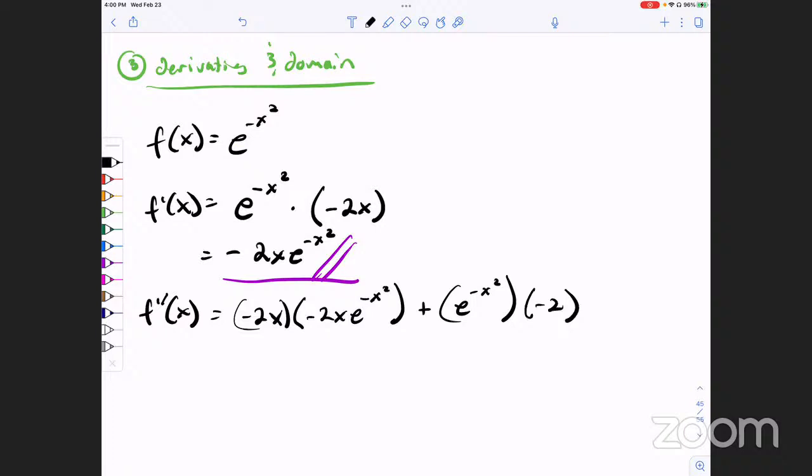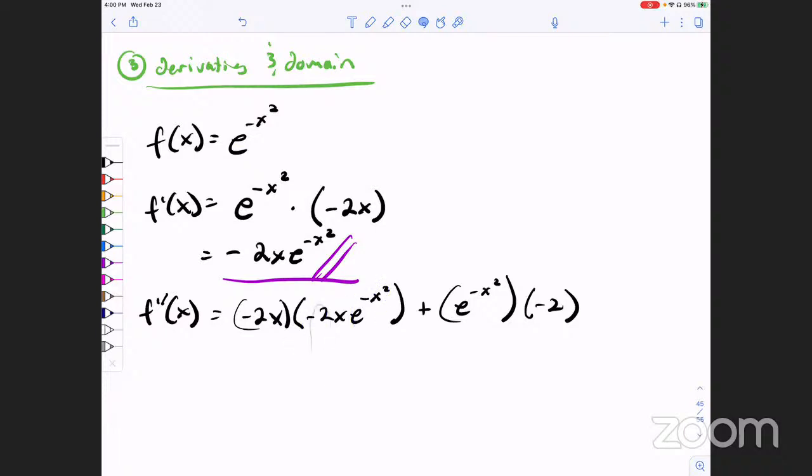Okay. Now we could factor out, I don't know if this helps us, but we could factor out a negative 2. They both have at least one negative 2 and an e to the negative x squared, right?